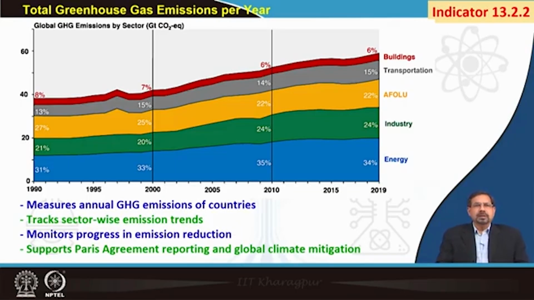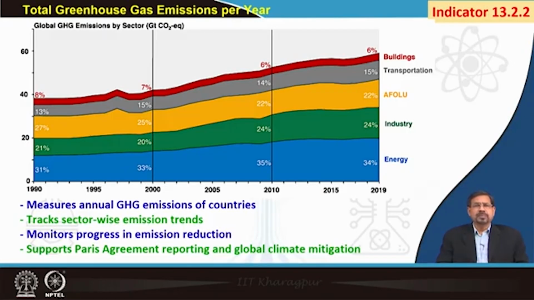The next point is that it measures annual greenhouse gas emissions of countries, tracks sector wise emission trends, monitors progress in emission reduction, and supports Paris Agreement reporting and global climate mitigation.